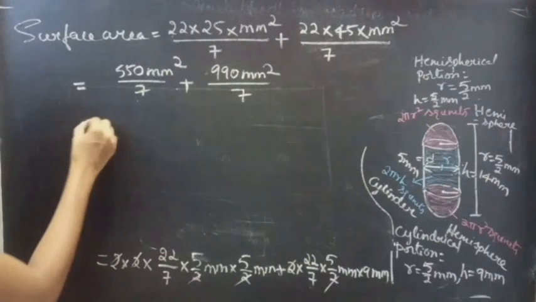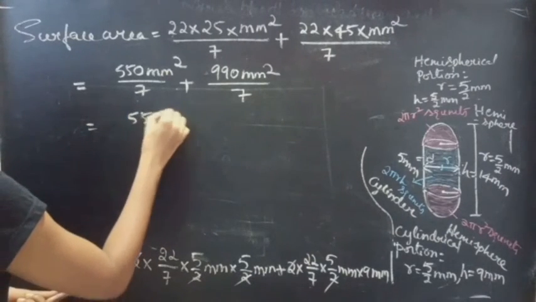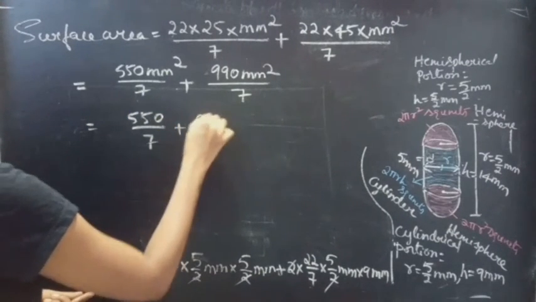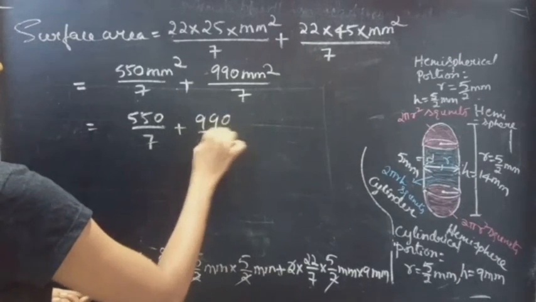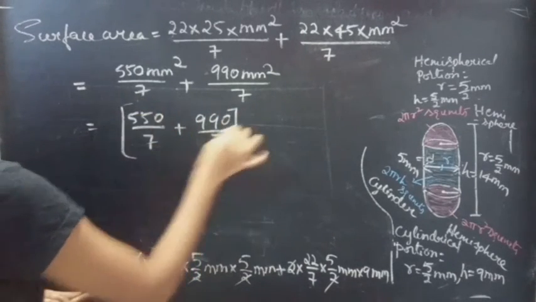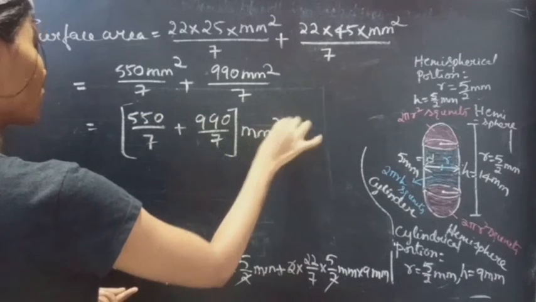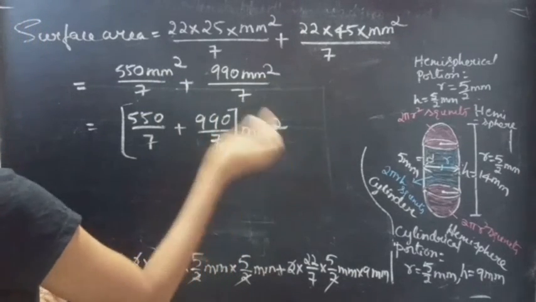This equals 550 by 7 plus 990 by 7 into mm square. Simply we are taking mm square common, okay?